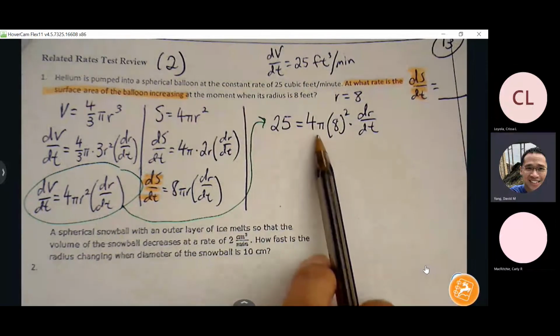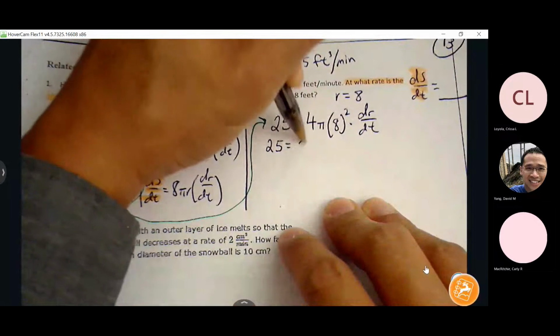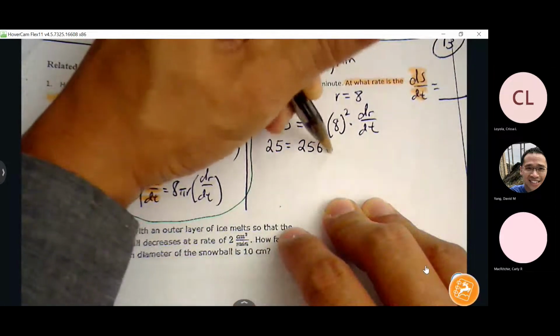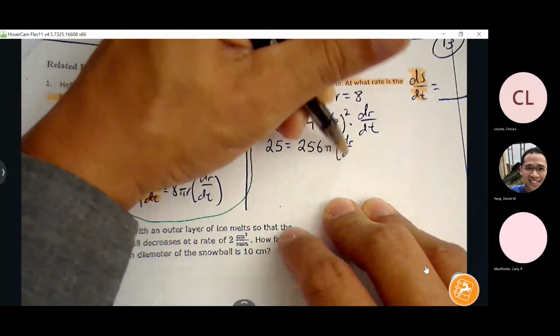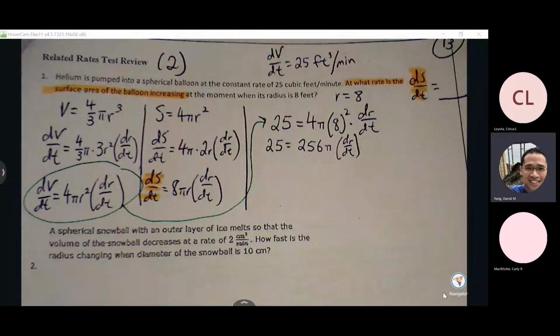Multiply this out, 64 times 4 is 256 pi. Divide.